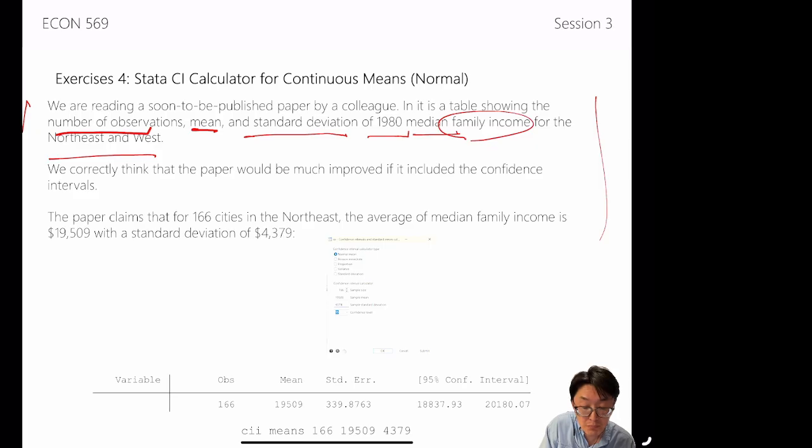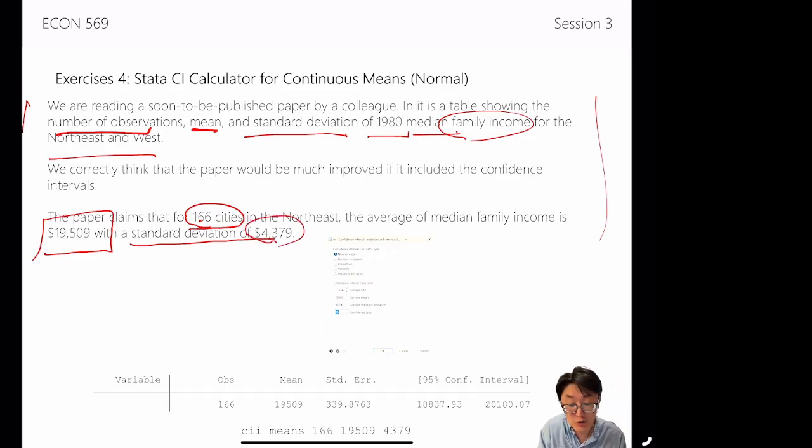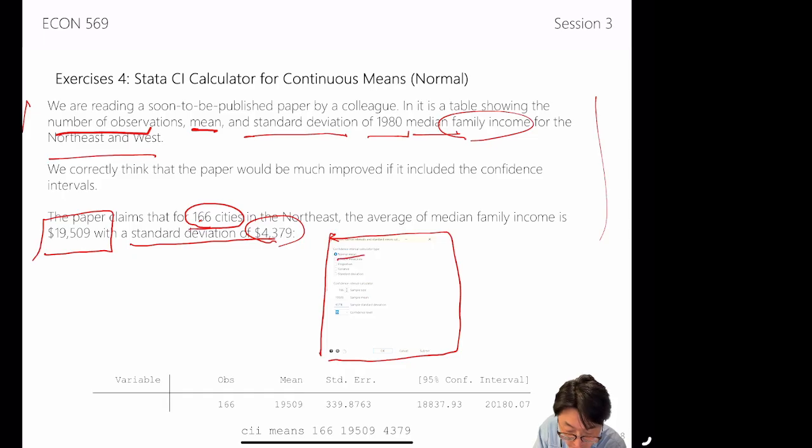You already have the numbers: 166 cities in your sample, your average is about $19,500, and the standard deviation is about 4,379. Then you can open the calculator and assign this as a normal mean, and add the sample size, sample mean, and sample standard deviation.